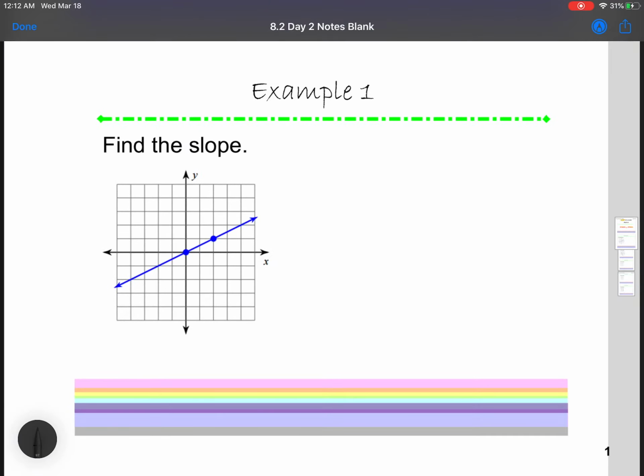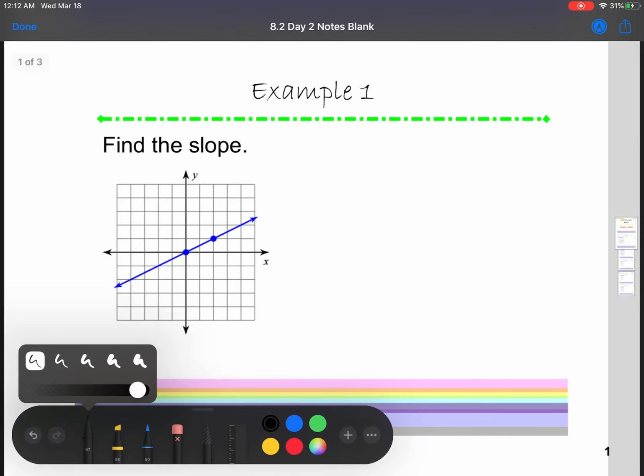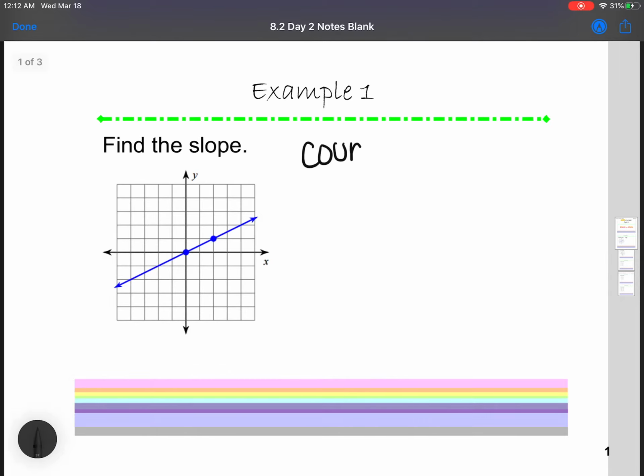So hopefully this won't be too terrible for you. When we are finding slope from the graph, we are going to count the boxes like we did at the beginning of translations.